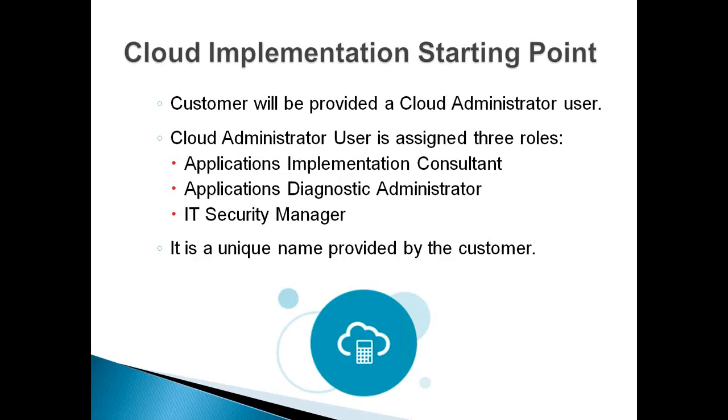Now that person will be able to log into the Fusion Applications because of the roles given. They will be able to further manage and implement the applications, create further users of their team members, and go ahead with the implementation. That's the starting point, or the beginning, of the cloud implementation.